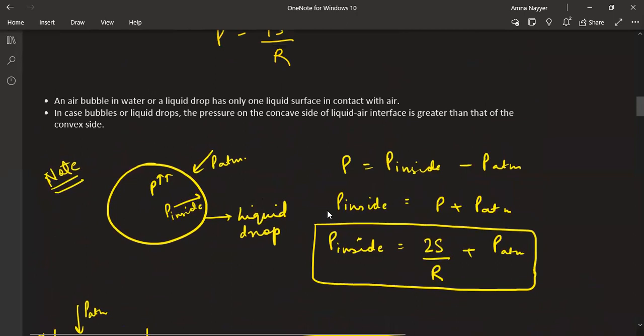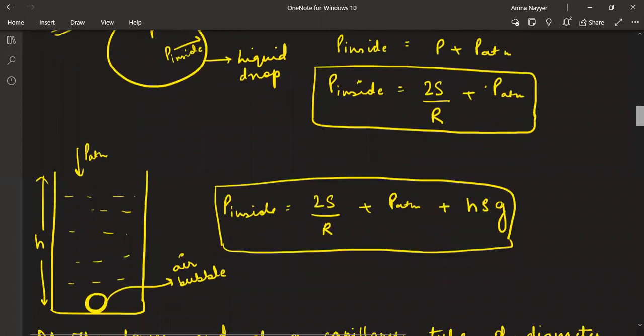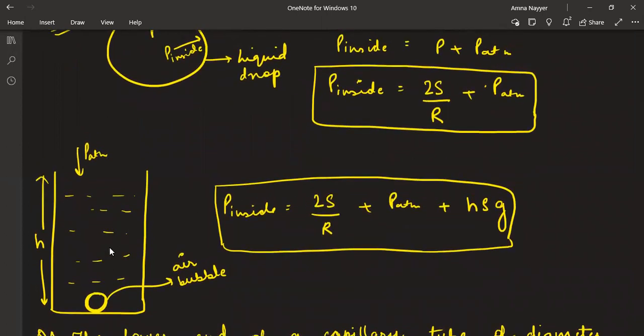If by chance atmospheric pressure is also getting exerted, then just add atmospheric pressure at the last. And suppose one more pressure is there. If the air bubble is inside a liquid column, there will be a pressure exerted by liquid column also. So at the end, you will add h rho g, that is the gauge pressure.